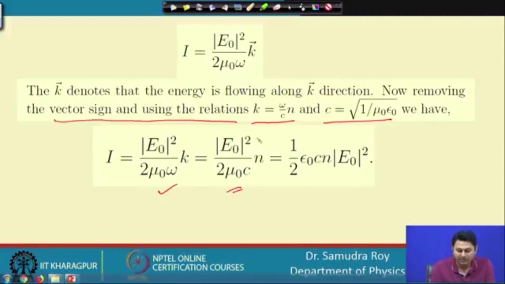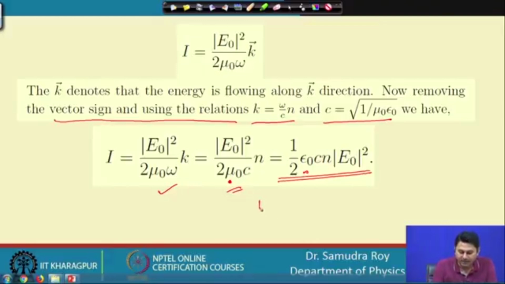Now, this is a form many people use in many places, but I prefer the next form. I just do not want this mu 0 sitting here, because mu 0 is associated with a magnetic system, but I can remove that and use a dielectric system and epsilon 0. So, easily one can do that.